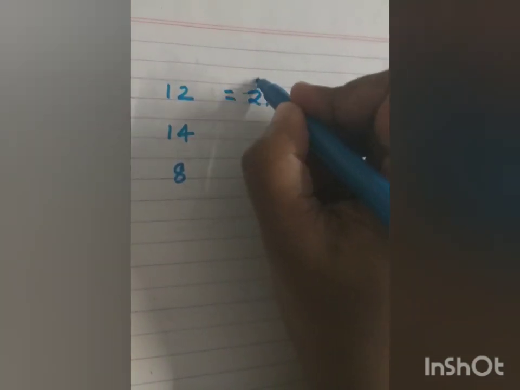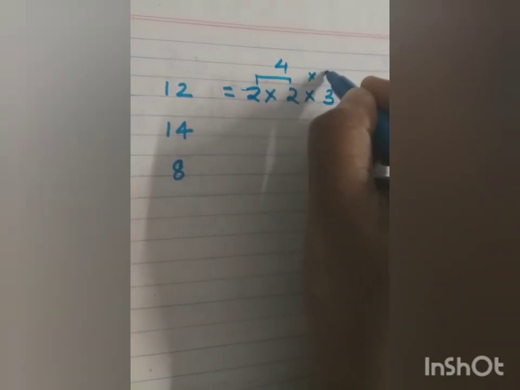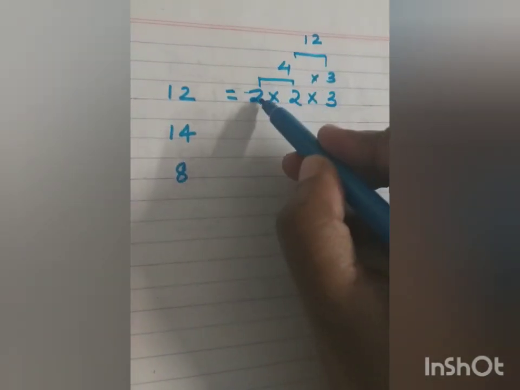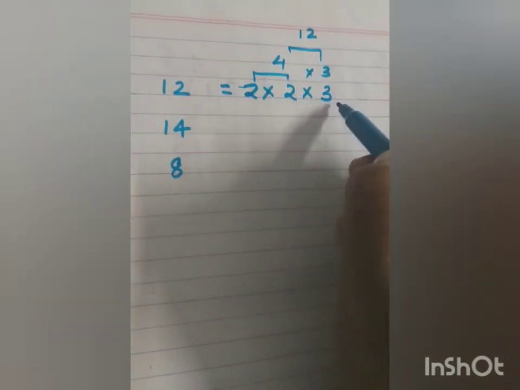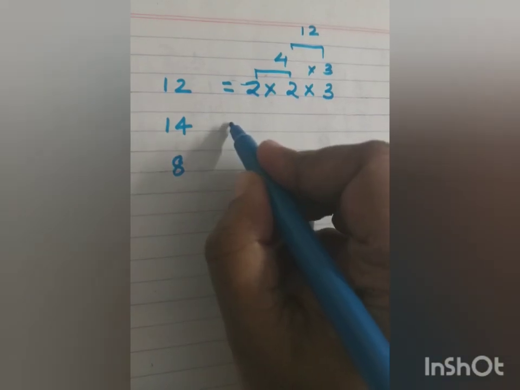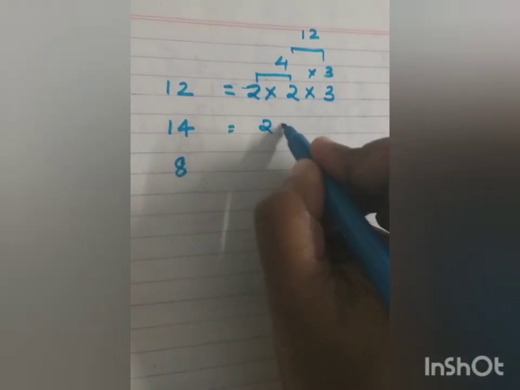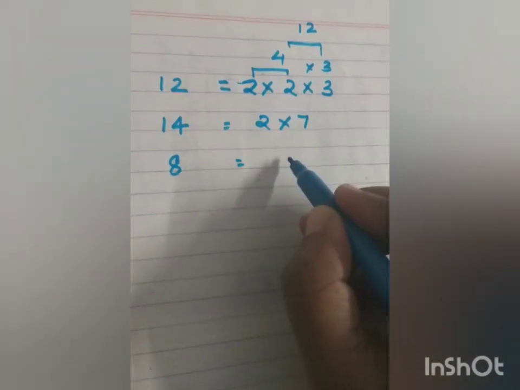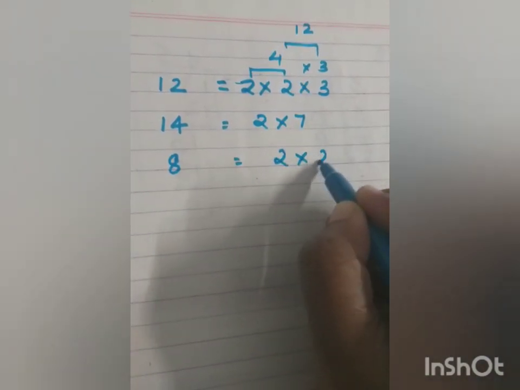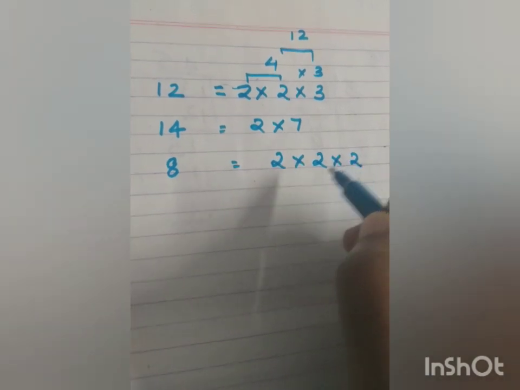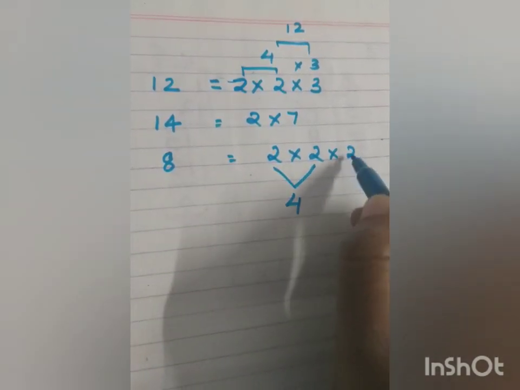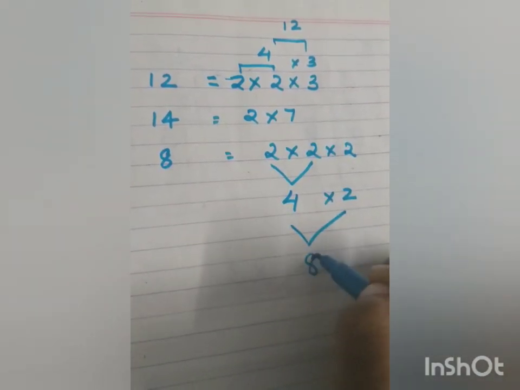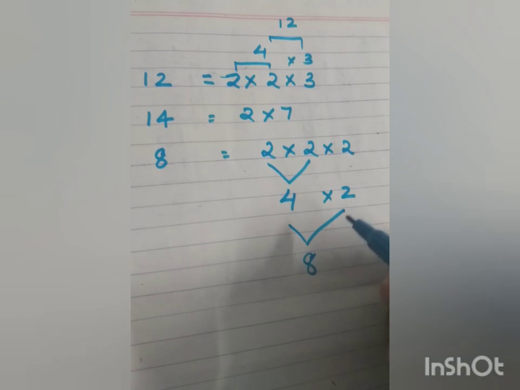That is 2 2s are 4 into 3, and 4 3s are 12. Similarly, 14 can be written as just 2 into 7. Both are prime. And 8 can be written as 2 into 2 into 2. That is 2 into 2 gives 4, and 4 2s are 8. Is it clear, children?